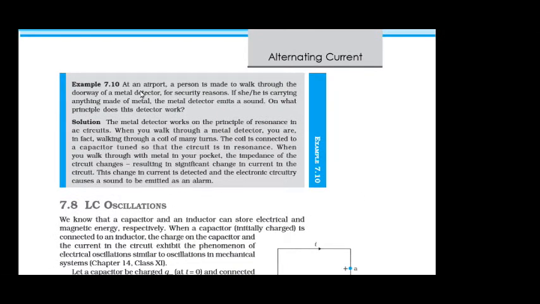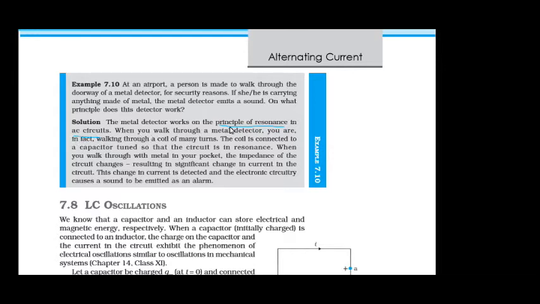Example 7.10. At an airport, a person is made to walk through the doorway of a metal detector for security reasons. If she or he is carrying anything made of metal, the metal detector emits a sound. On what principle does the detector work? The metal detector works on the principle of resonance. This is very important in AC circuits.